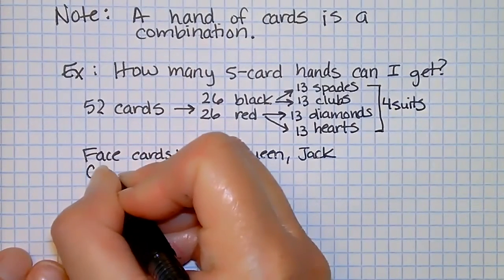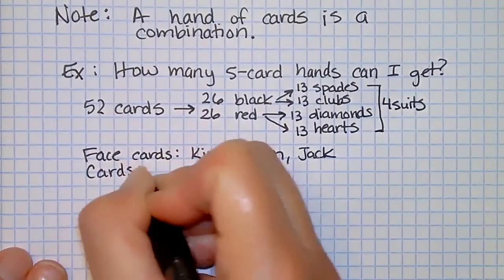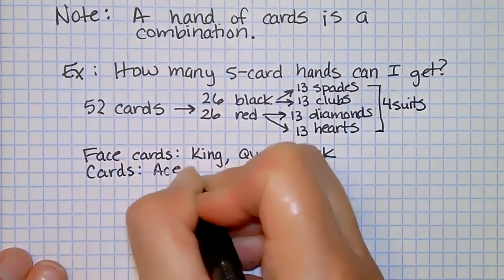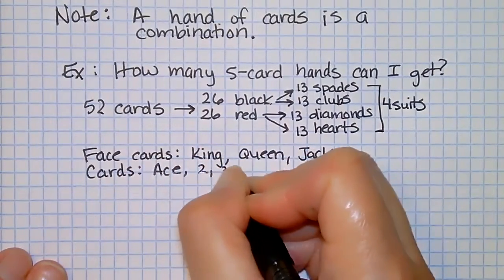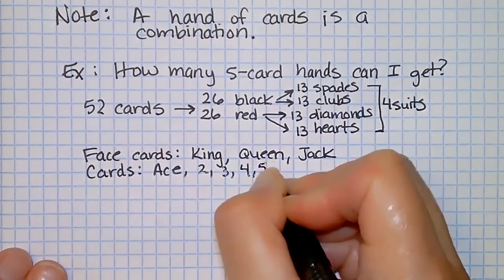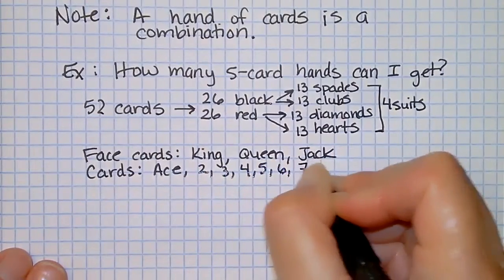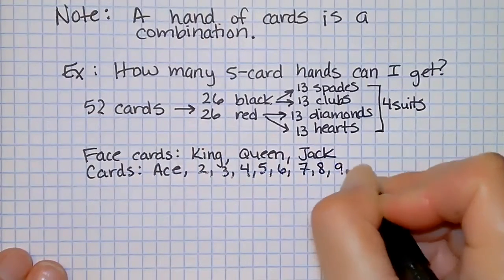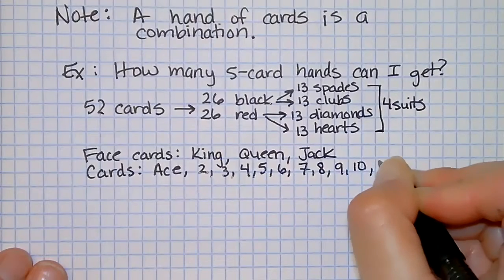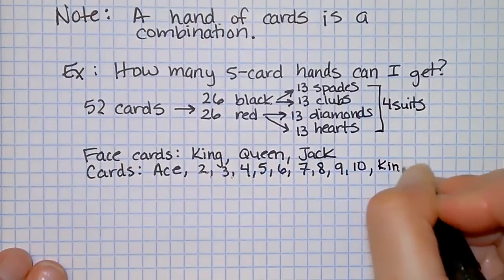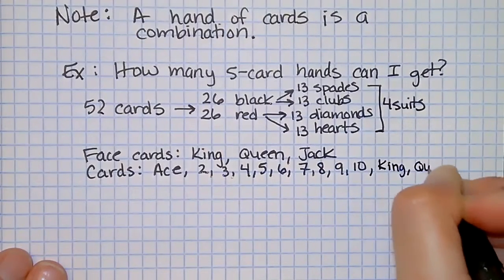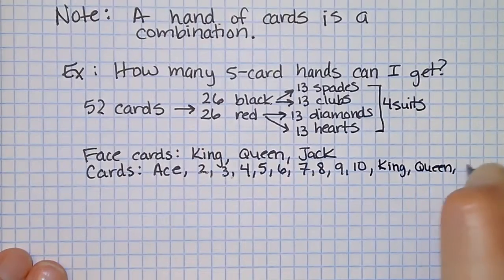And then what type of cards do you have? You're going to have an ace. You're going to have a 2, 3, 4, 5, 6, 7, 8, 9, 10, and you're going to have a king, queen, and jack.